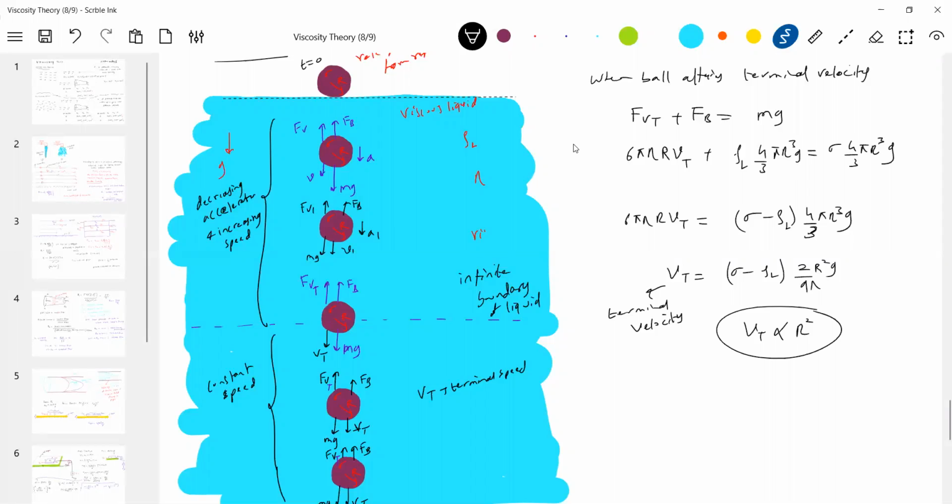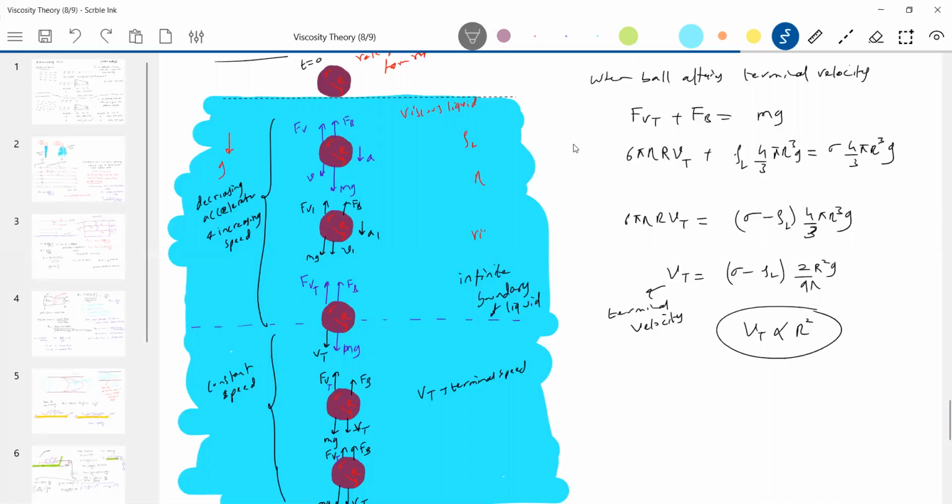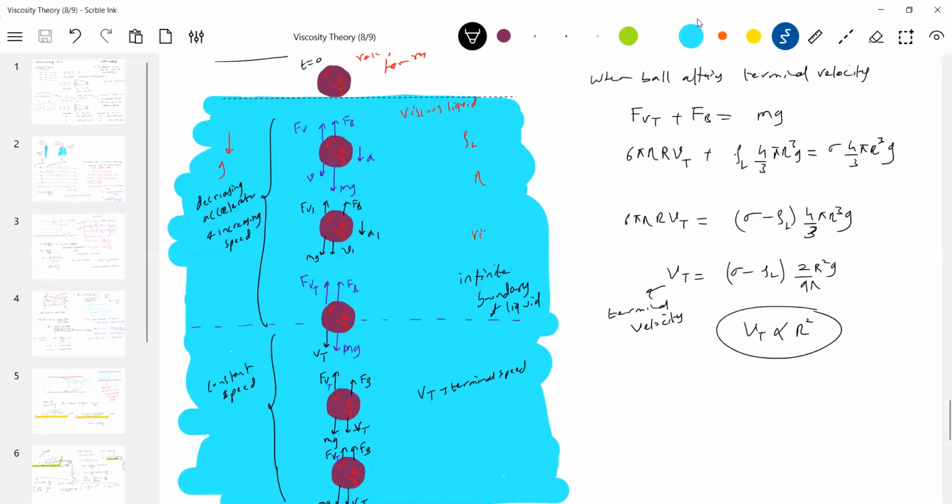Now, what is the Stokes law? This is the Stokes law. This is just a formula, a very important formula. Plenty of numericals are based on this.